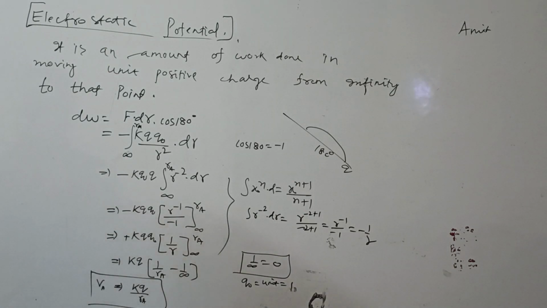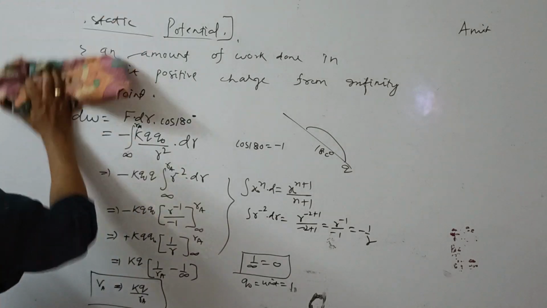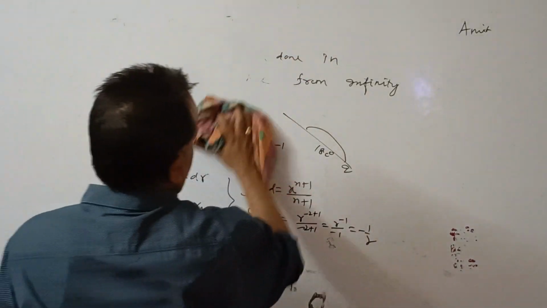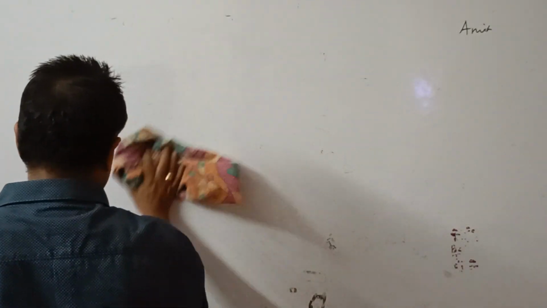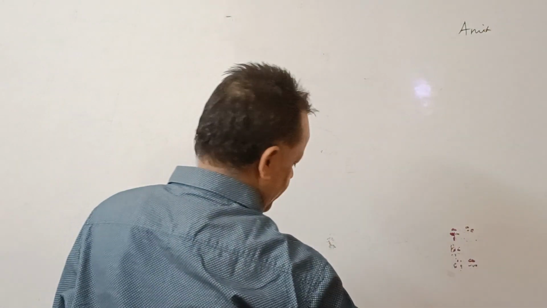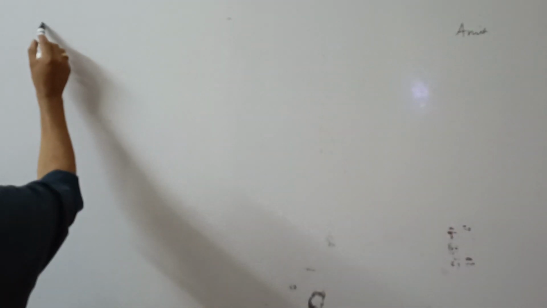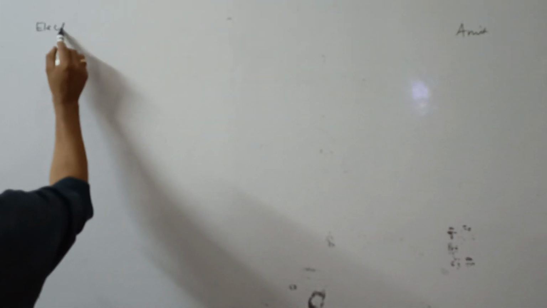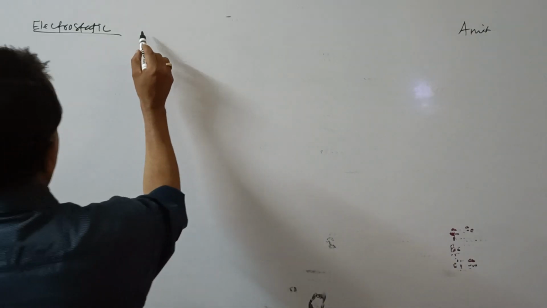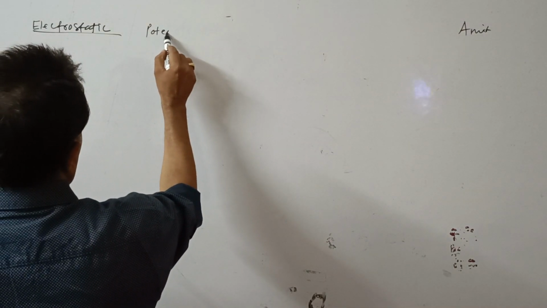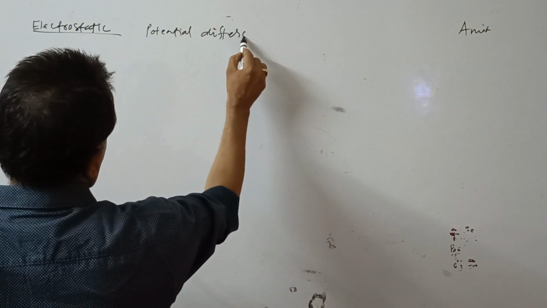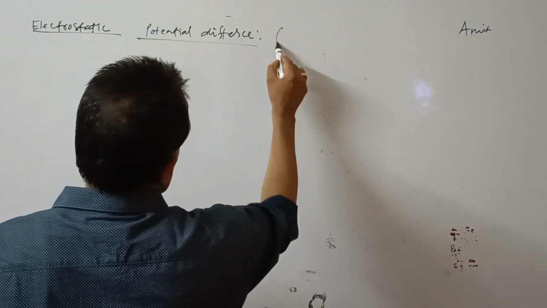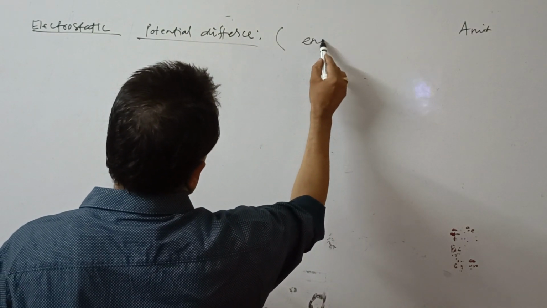Now we will move on to the next derivation, that is electrostatic potential difference, or we say electrostatic potential energy.